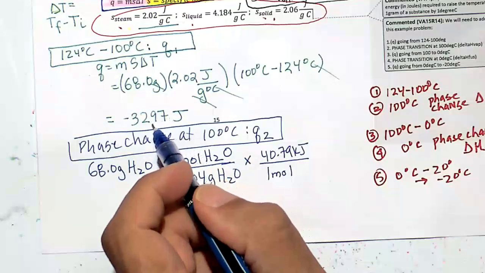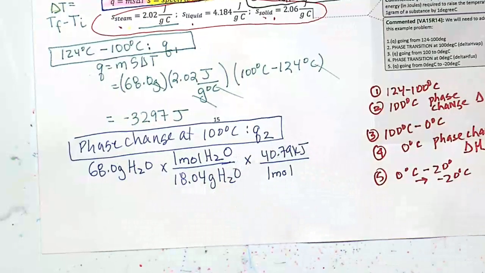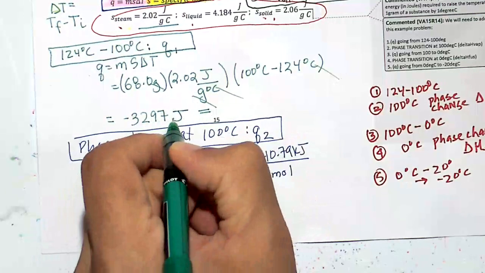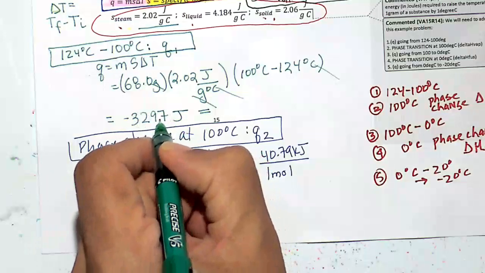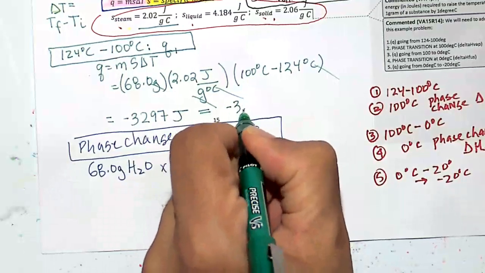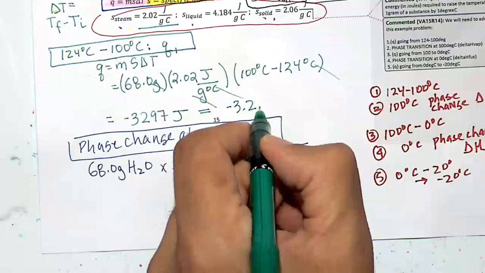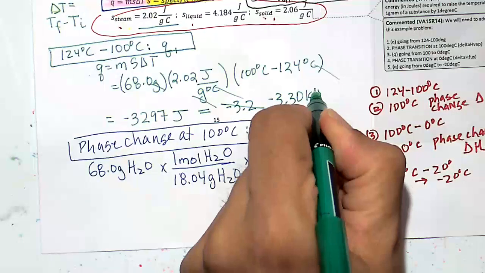Let's see here. Let's just convert this to kilojoules, if that's okay with you. So to convert it to kilojoules, we'll divide by 1,000. So 1, 2, 3. So minus 3.30 kilojoules.